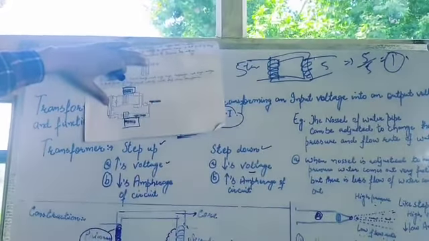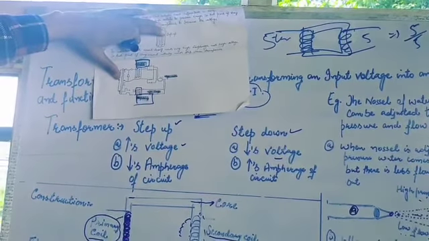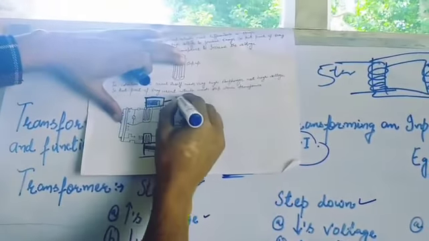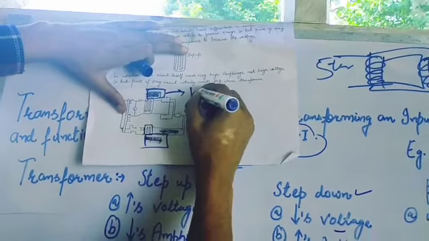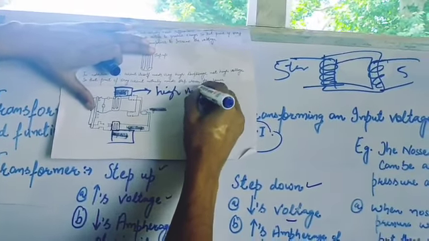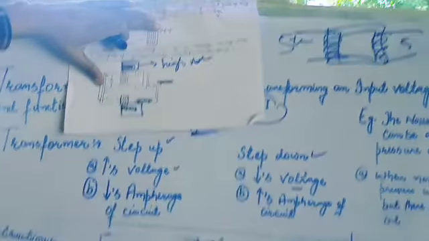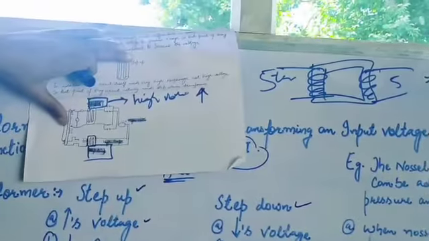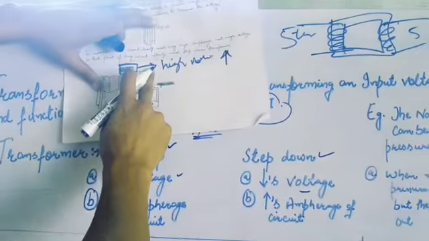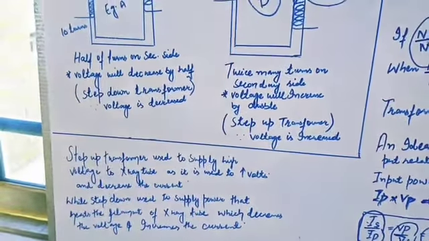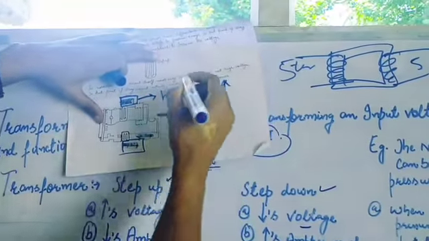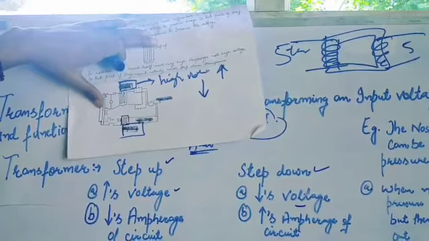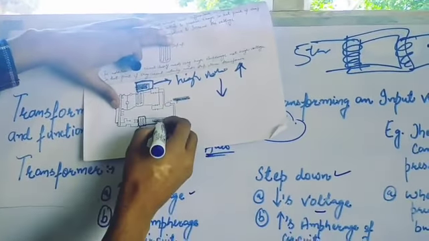The step up transformer is used to supply the high voltage to the X-ray tube, and it is used to increase the voltage, but it decreases the current.